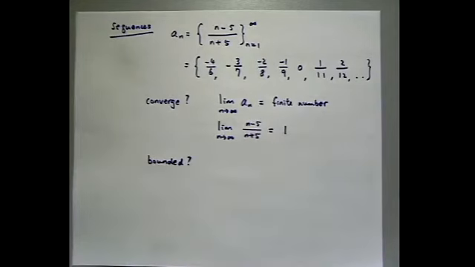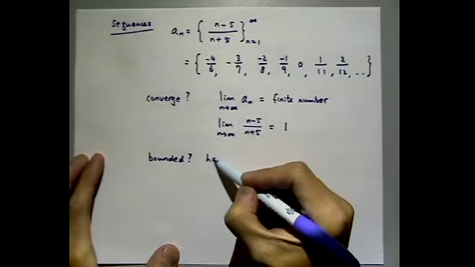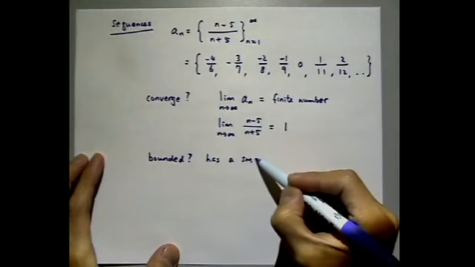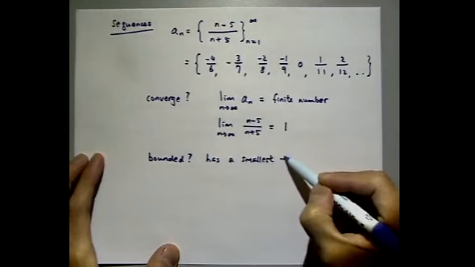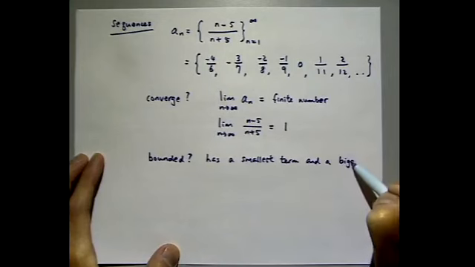What about the boundedness of the sequence? What does it mean when a sequence is bounded? Yeah. And does my sequence here have those two things? So, first of all, it has a smallest term and a biggest term, right?